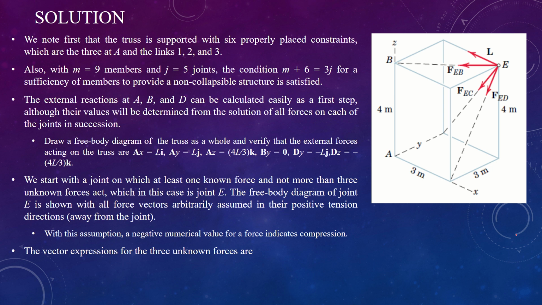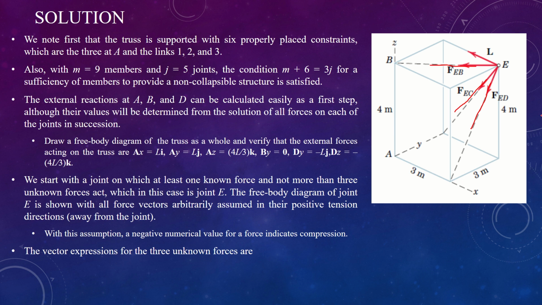So first, as I've told you, we have to find the R vector from the origin that defines the length EC, like this length, this direction and this direction. These unit directions can be found. Once they are found, then we can find the component of force of L on FEB times the unit vector, which will give you the direction of force FEB, FEC and FED.